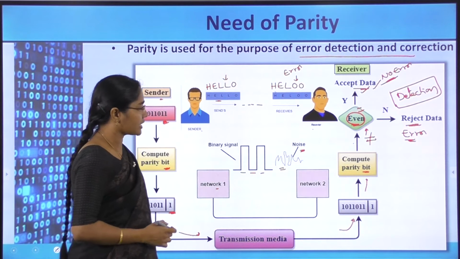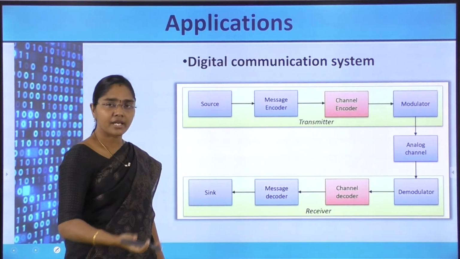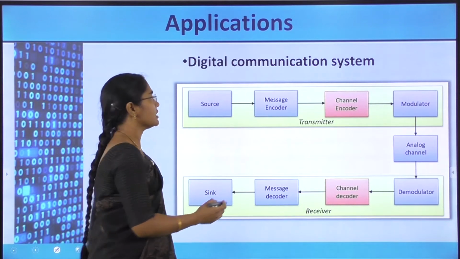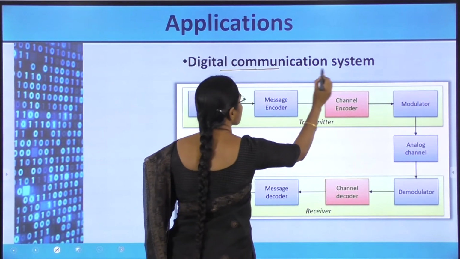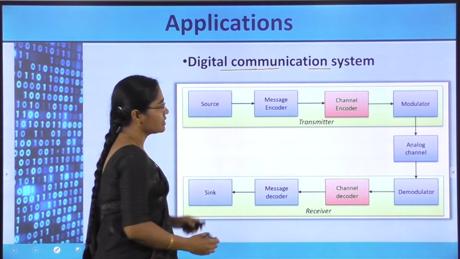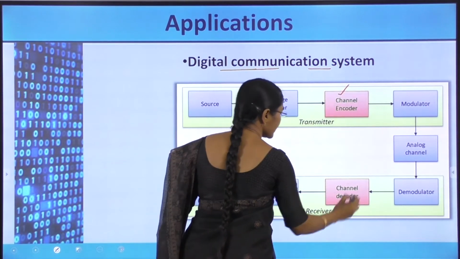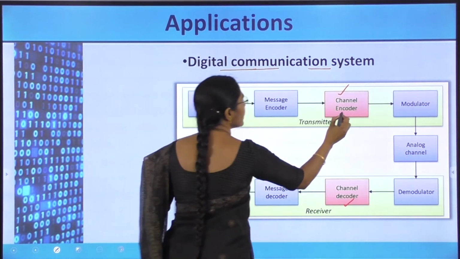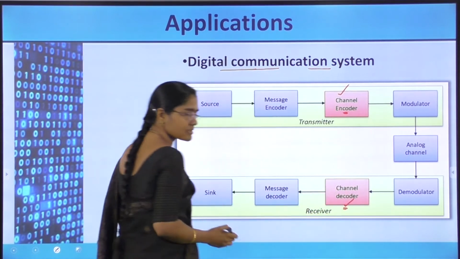Okay, and let's see an actual practical example where we use this parity in our day-to-day life, which is the digital communication system. In this, one block is dedicatedly used in the transmitter and receiver as the channel encoder and channel decoder parts.